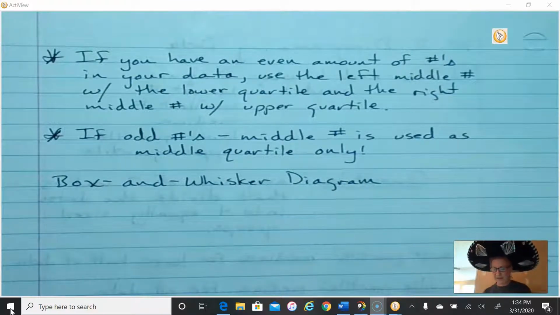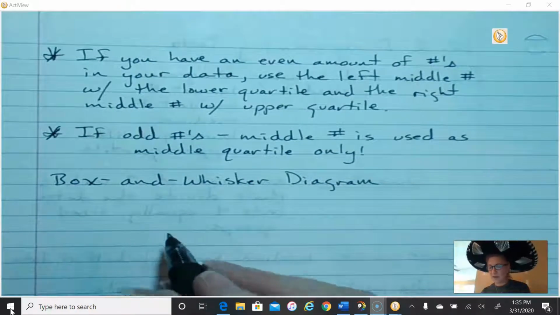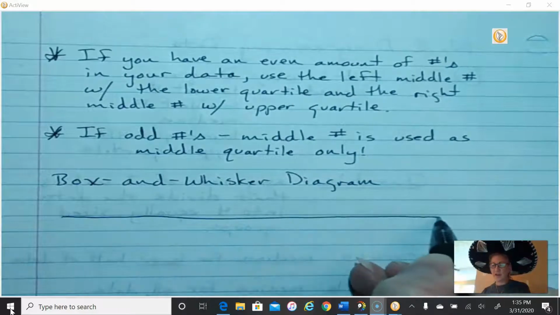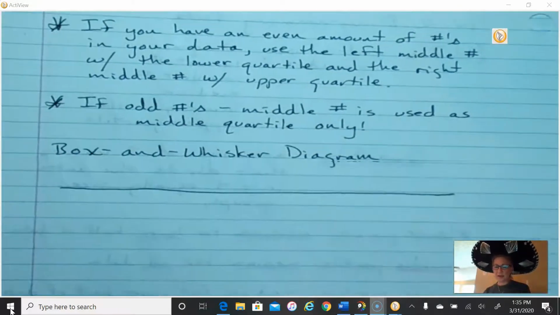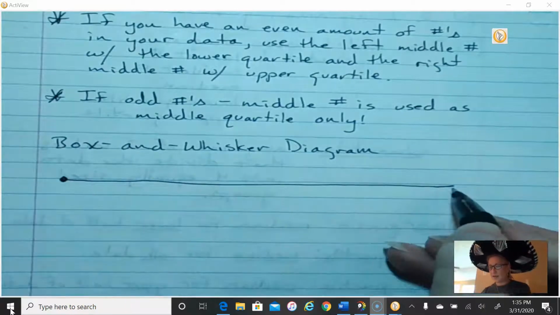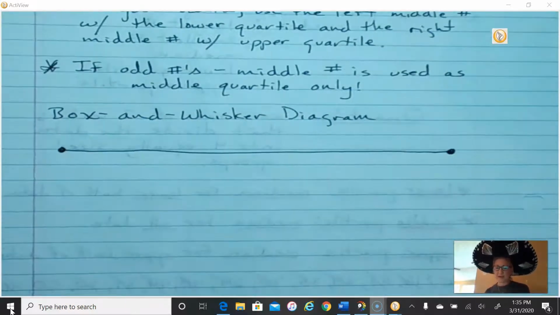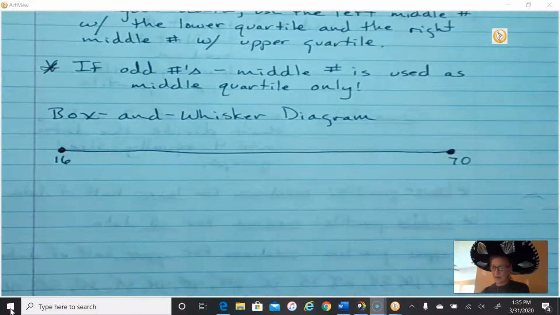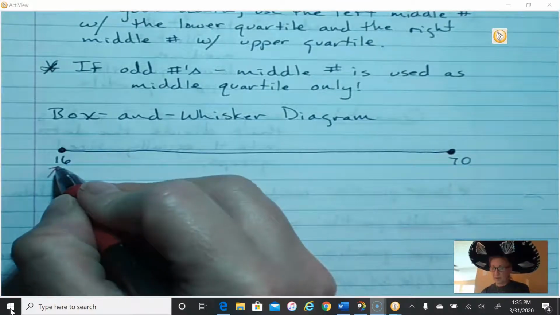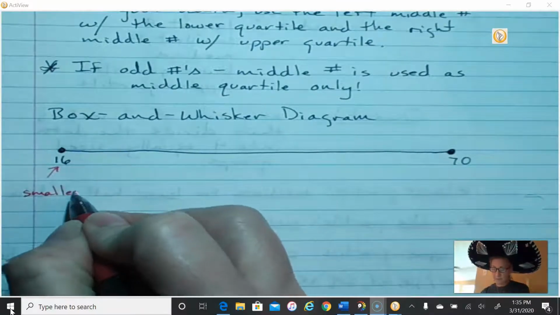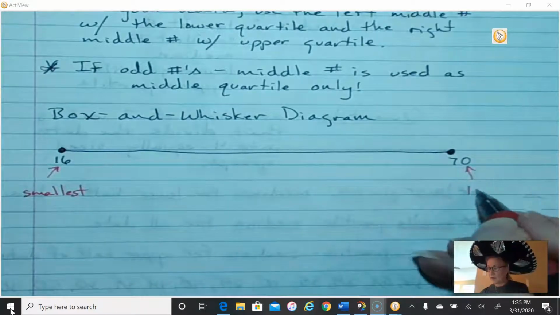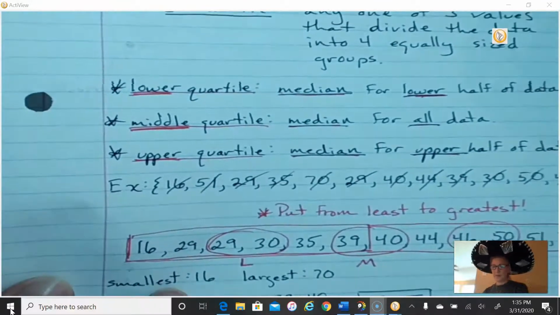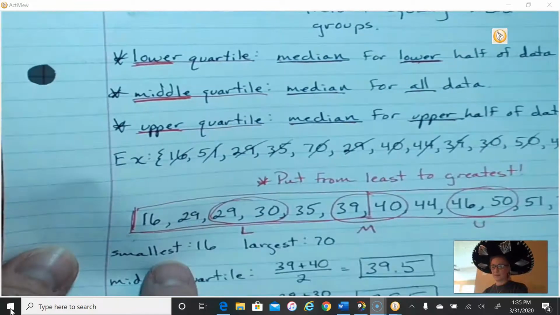Okay, so let's draw. All right, so when you draw a box and whisker diagram, draw a semi-straight line, okay? Here and here are going to be your end points, okay? 16 and 70. 16 was the smallest number, if you recall. 70 was the largest. 16 and 70, smallest and largest.